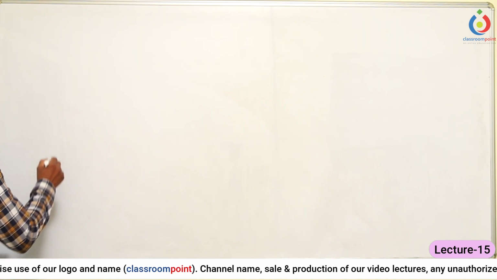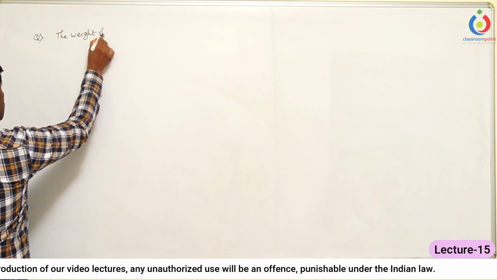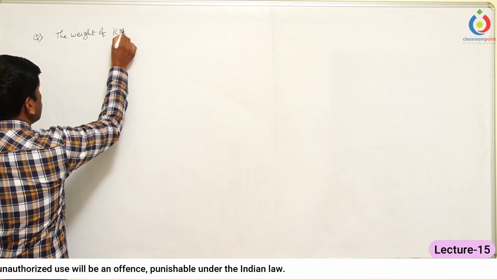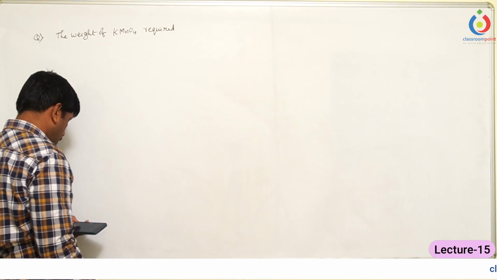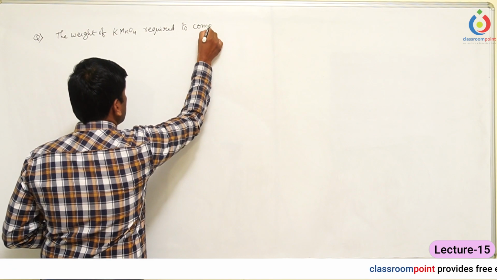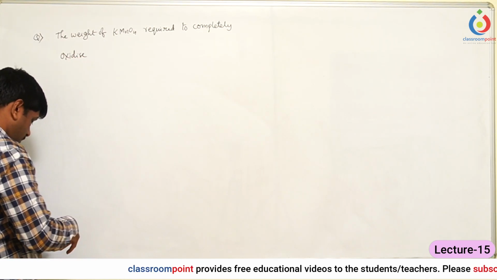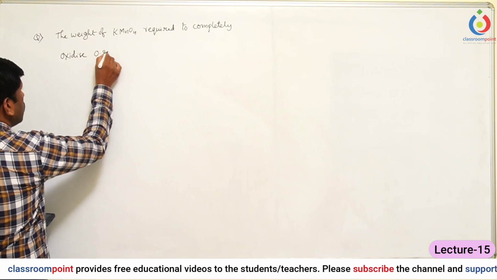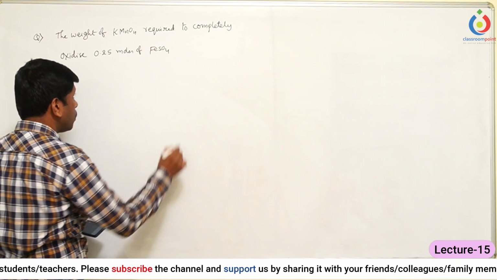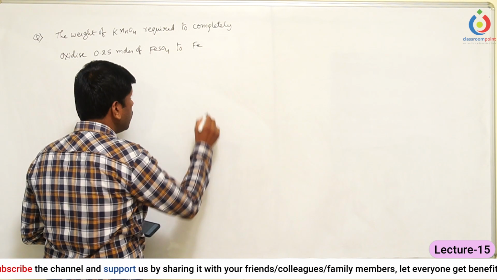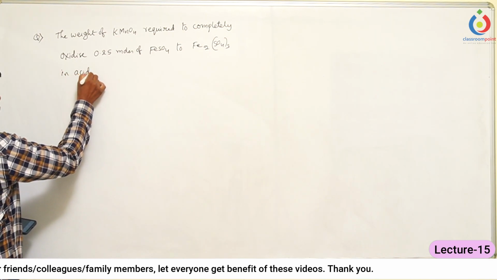Now, the question is: the weight of KMnO4 required to completely oxidize 0.25 moles of FeSO4 to Fe2(SO4)3, ferrous sulfate to ferric sulfate, in acidic medium.